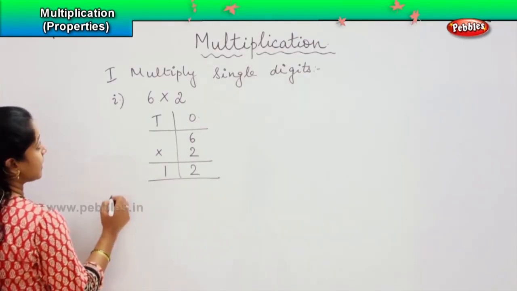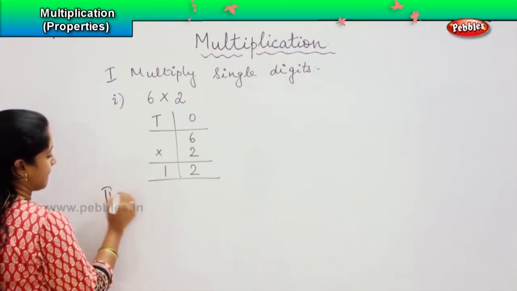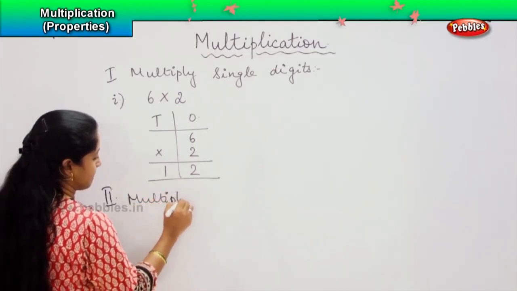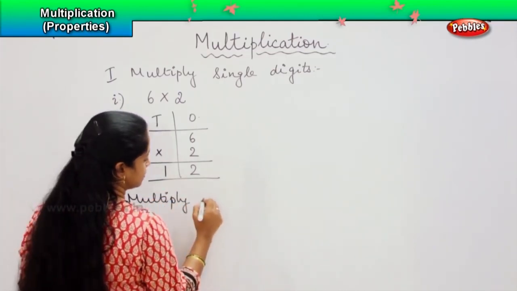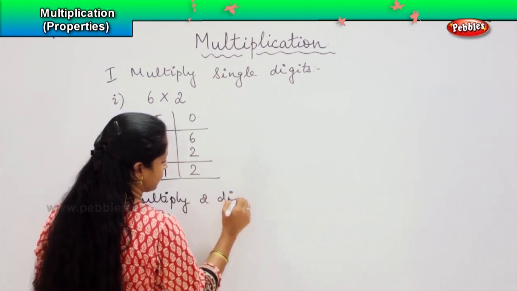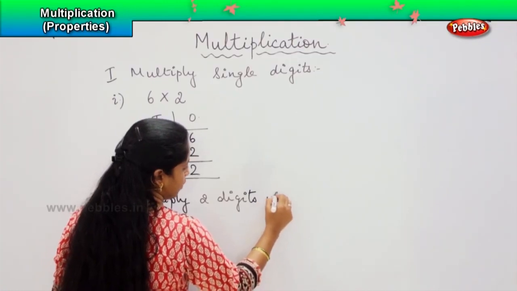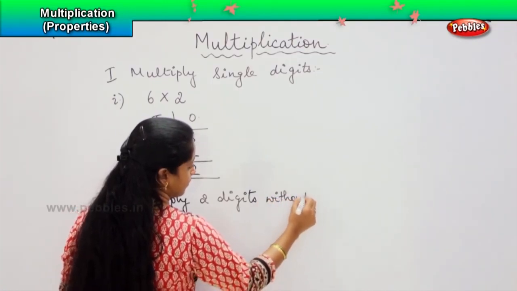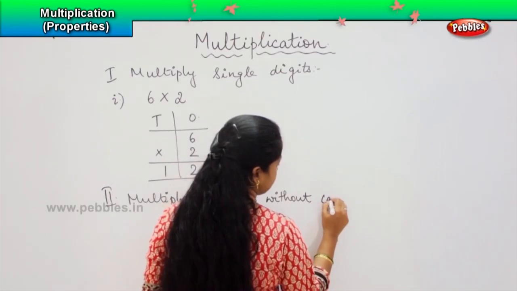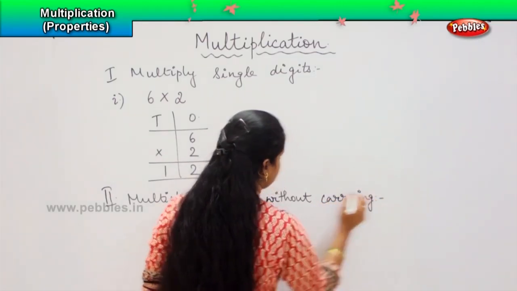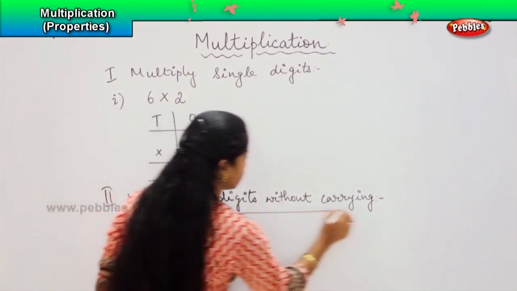So this is my basic multiplication. Okay, the second one is multiply two digits without carrying. So, what does this mean?